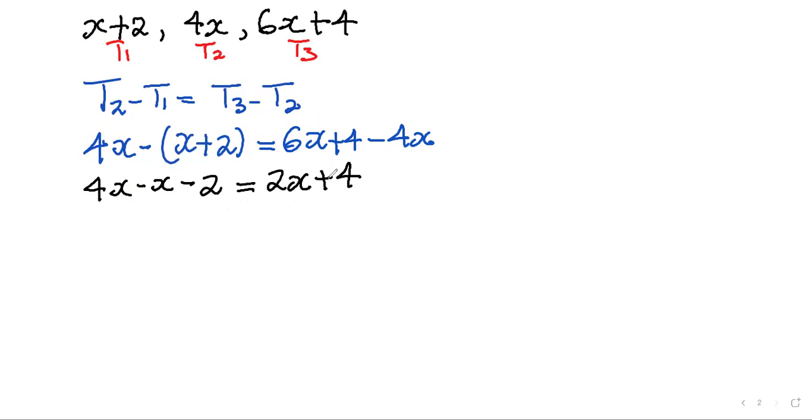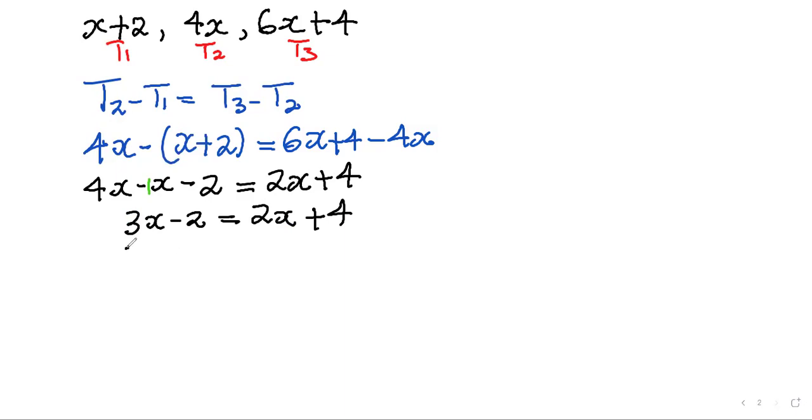And then as you continue, before we go further, there is a coefficient here of 1. So 4x minus 1x, what are we going to get? That will be 3x. So you're going to say 3x minus 2 is equal to 2x plus 4.